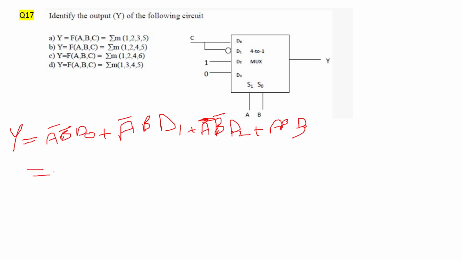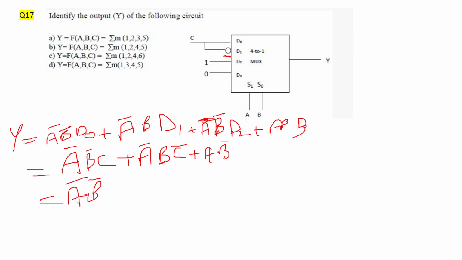So A complement B complement D0 is C, so A complement B complement C, plus A complement B C complement, plus A B complement C, plus A B complement C complement.